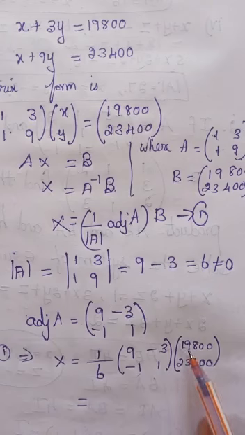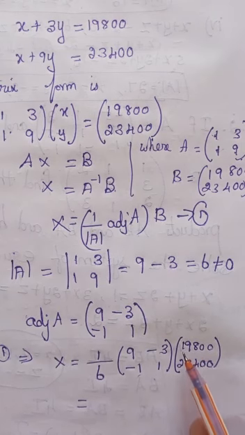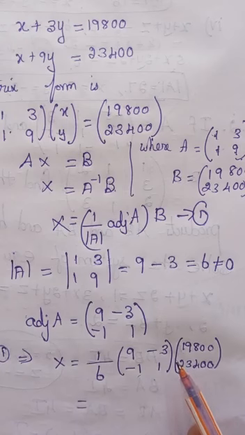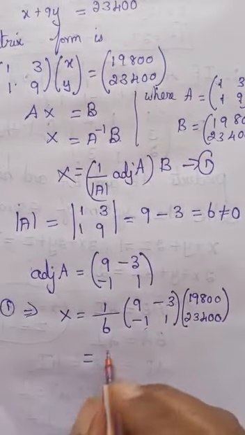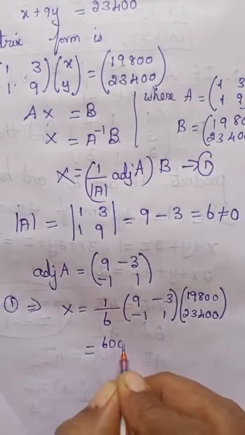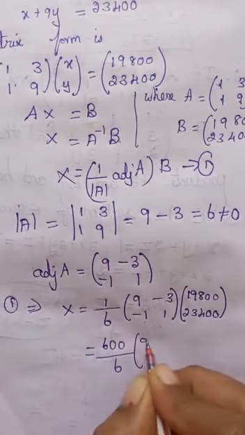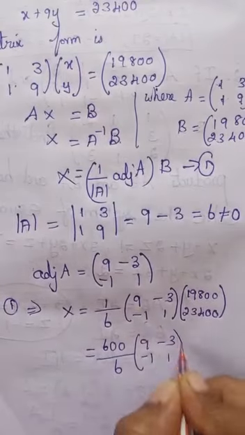So we can take 600 outside. If we take 600, we have 9, minus 3, minus 1, 1.